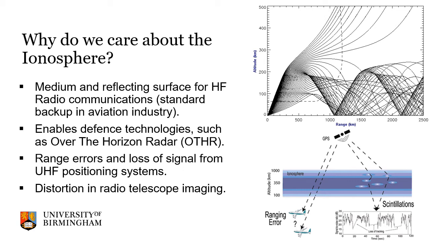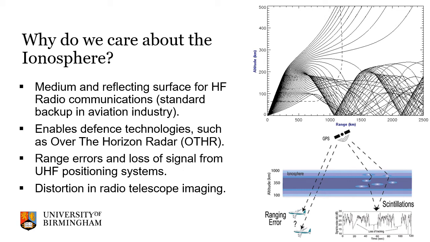The slowing down of the signal becomes a significant problem when you're trying to use navigation systems like GPS that rely on the assumption of the time of flight of your signal being related to the distance between the satellite and the receiver by the speed of light. If the signal isn't propagating at the speed of light, you'll cause a significant error in your ability to determine your position.